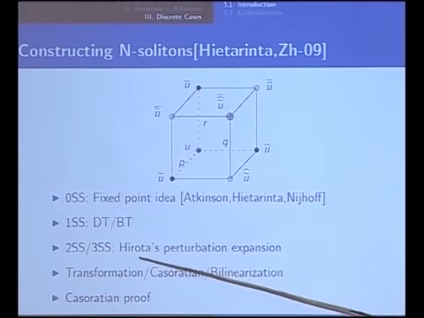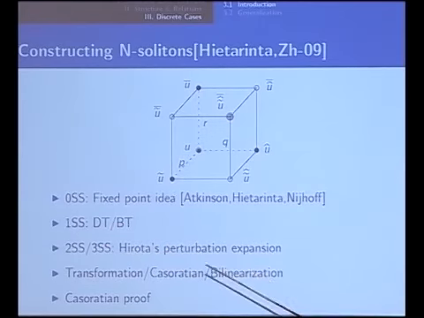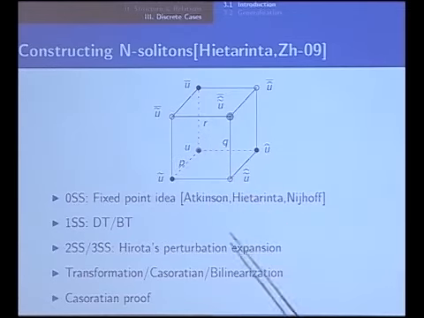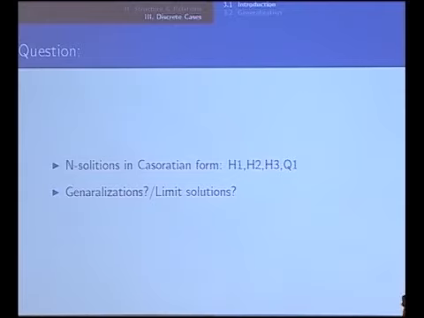The starting point is a background solution using the fixed point idea, and then we can get one soliton from the Bäcklund transformation, and then we use Hirota's perturbation expansion, and we can find 2 solitons and 3 solitons. From here we find the transformation and the Casoratian structures, and then we bilinearize the lattice equation, and finally finish the Casoratian proof. So this is a way to get n-soliton solutions in a constructive approach.